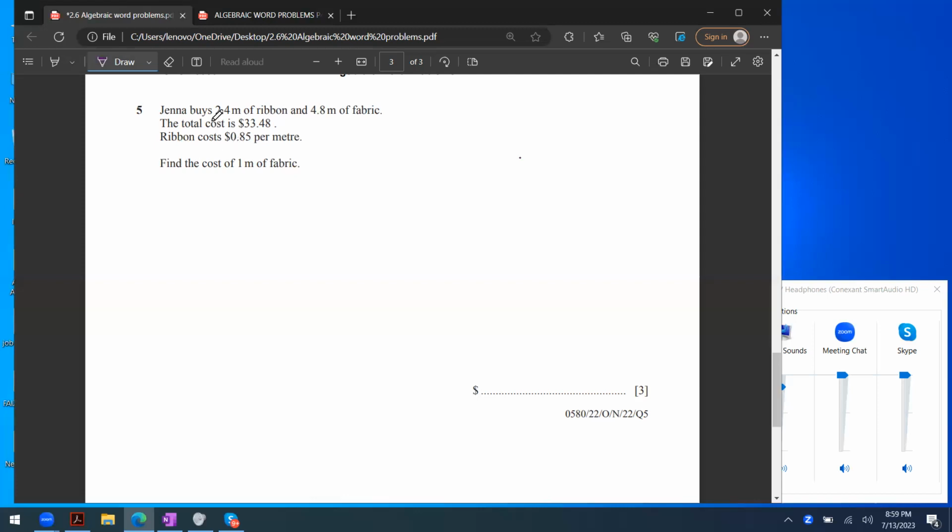So now the total bill or total cost is 33.48. 33.48 equals how much ribbon was bought here. The cost of ribbon is 0.85 per meter, so 0.85 times 2.4. That's the cost of ribbon. And what about fabric?